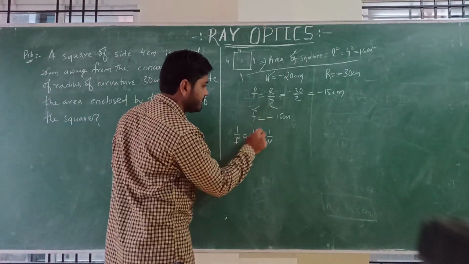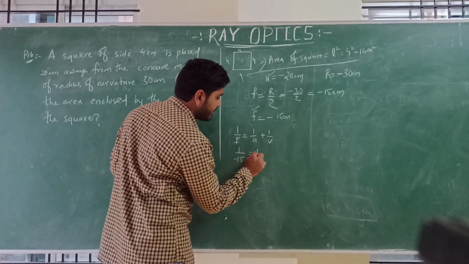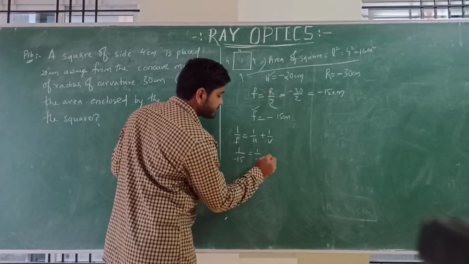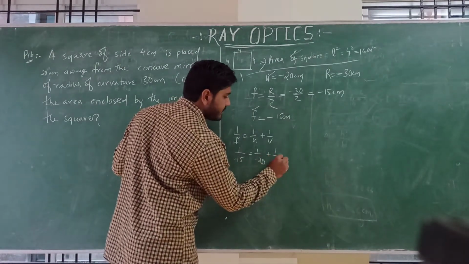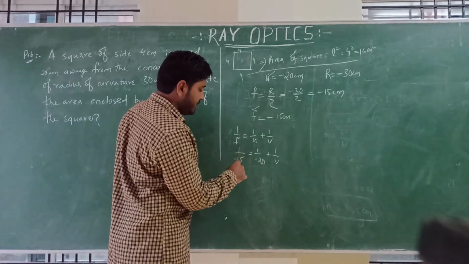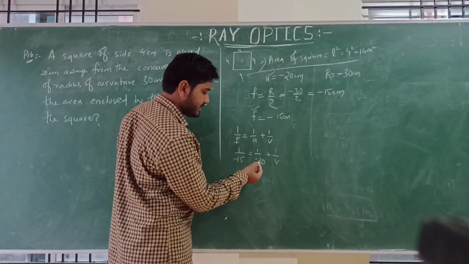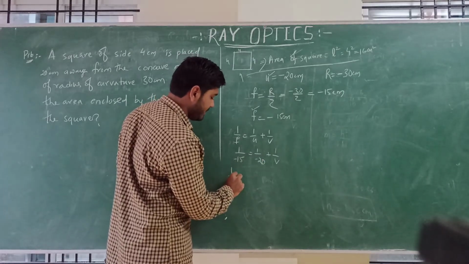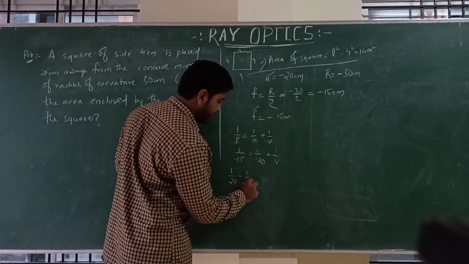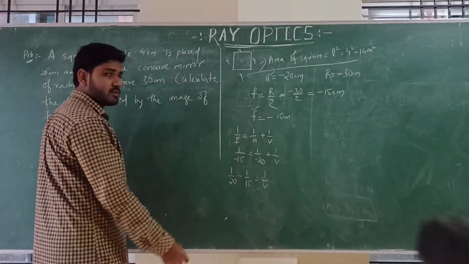Okay, F is equal to minus 15. So 1 by minus 15 is equal to 1 by U plus 1 by V. What is U? U is minus 20. Okay, don't worry, don't take tension. I will take 1 by minus 20 to this side, so it will become plus 1 by 20 minus 1 by 15 is equal to 1 by V. Just do cross multiplication.